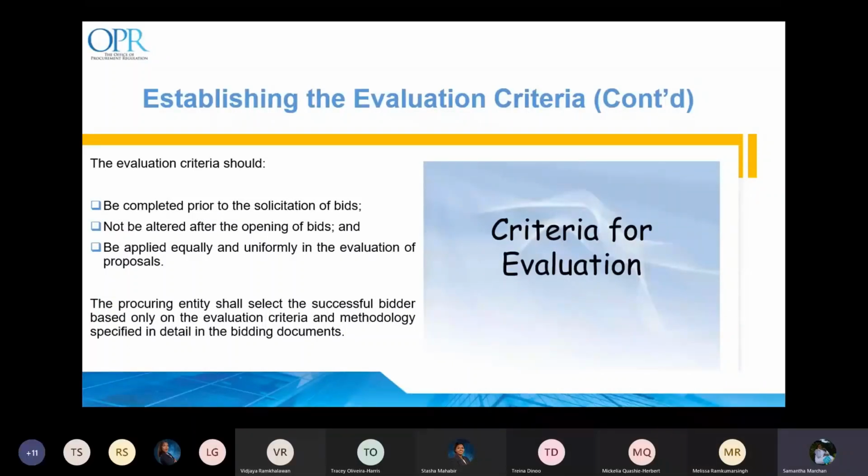Under no circumstances should new or revised evaluation criteria be introduced during the evaluation of bids. It is recommended to consider carefully the method used for selecting the best offer and ensure that suppliers or contractors are requested to provide all information that might be needed to fully evaluate their bids.